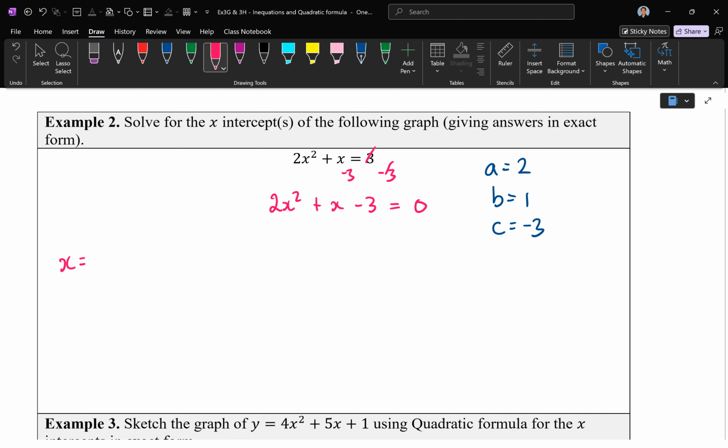It's on your page. Or the one before that, the one that I boxed around. Good. Perfect. This is your quadratic formula, and this will tell you the x-intercepts.